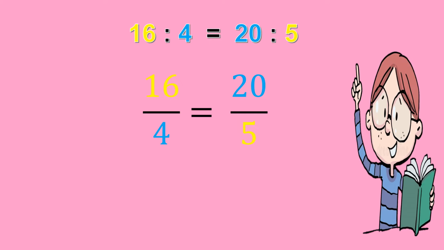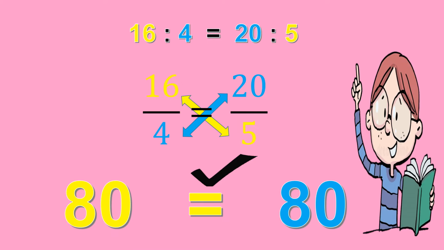Let's multiply the extremes. 16 times 5 equals 80. 4 times 20 equals 80. Therefore, the two ratios are proportion or equivalent.